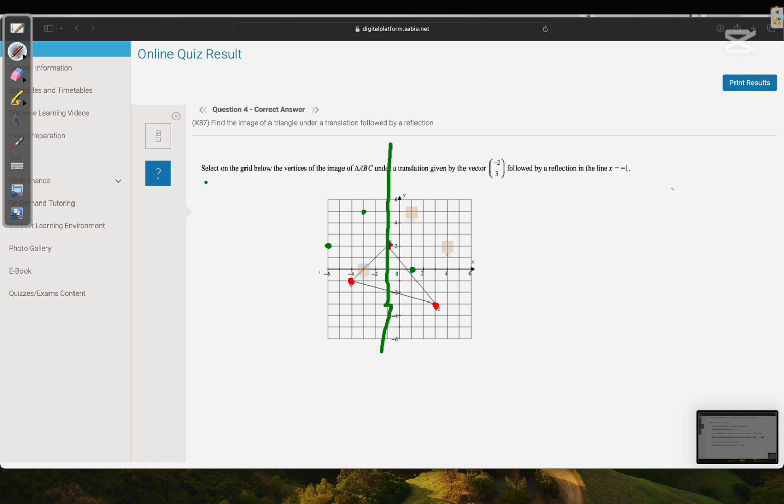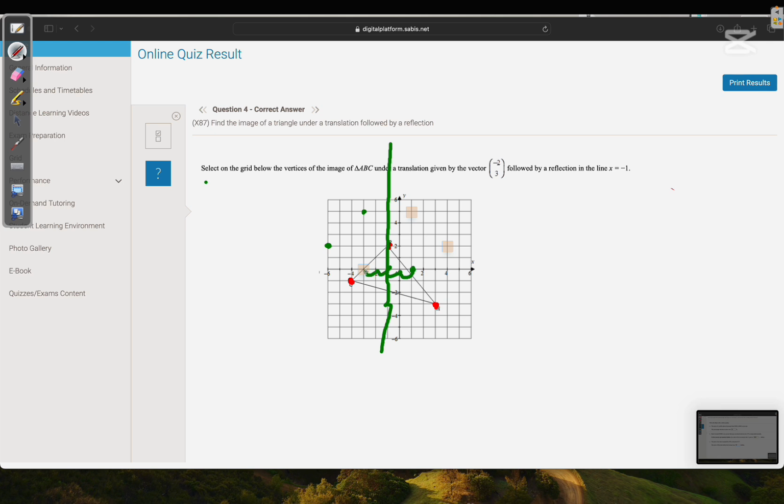To find the image of the points, we have to calculate the distance between the point and the axis of reflection. Here the distance between A prime and the axis of reflection is 2 units.